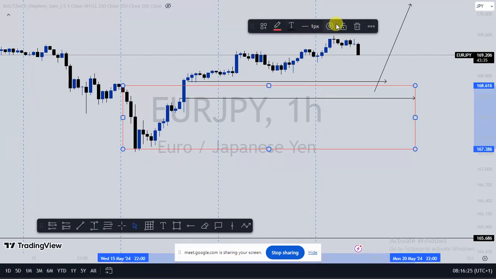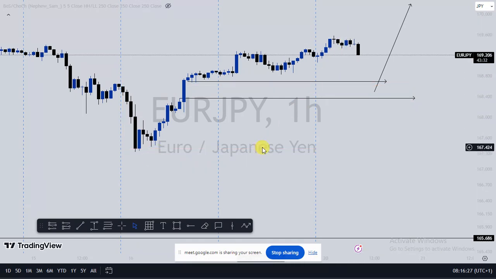I want it tomorrow. I'm an advocate of price and time. So I don't like most of my good trades coming in on Monday. Is it because that's when the market opens? Not really. Most of the time, the way the daily candle closes will not tell me how the week will look like.